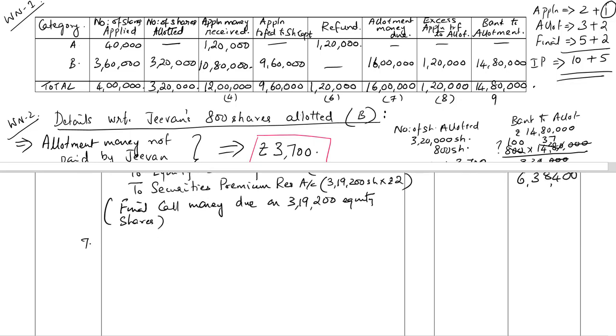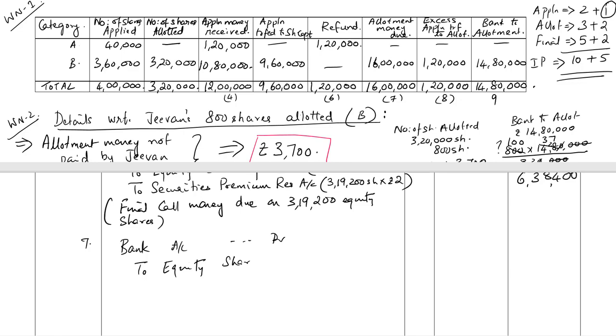We'll move on to the 7th entry for the receipt of the final call money. Bank account debit to equity share final call account for the final call money received.